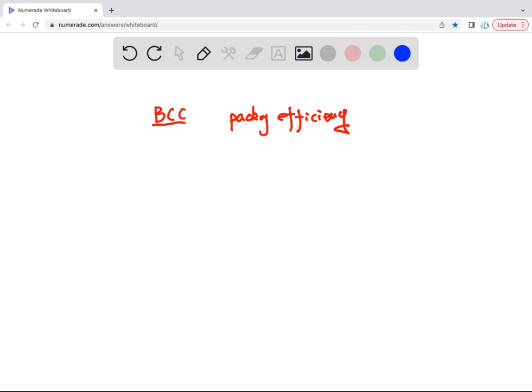So first, we can draw a BCC unit cell. That is a cube. For the body center, we know the atom will occupy the corners, and there will be one that actually occupies the center.